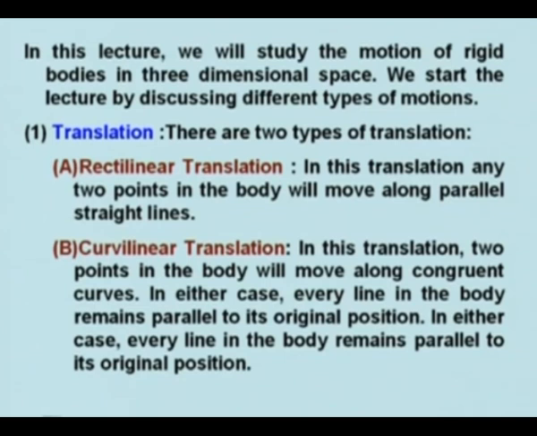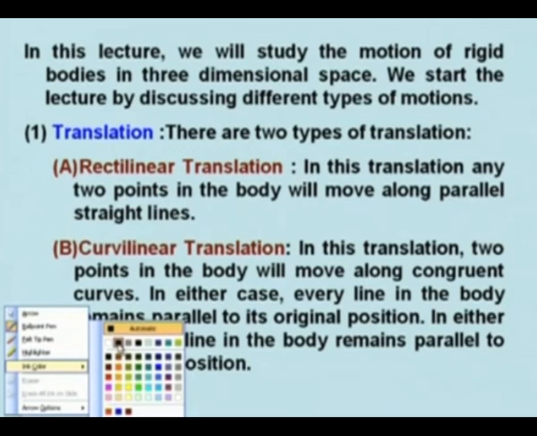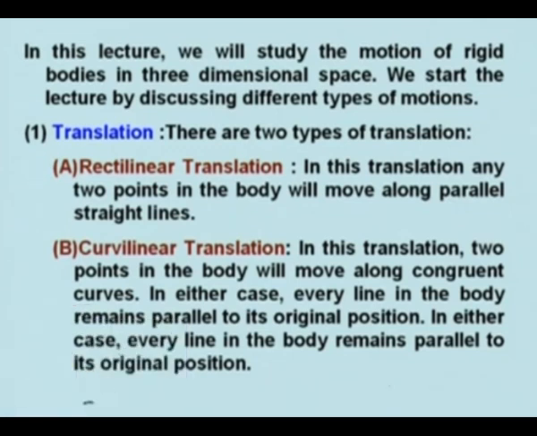Then the other type of motion is curvilinear translation. In curvilinear translation, 2 points in the body will move along congruent curves. So there will be 2 types of curves, this is one type of curve, and then another one.